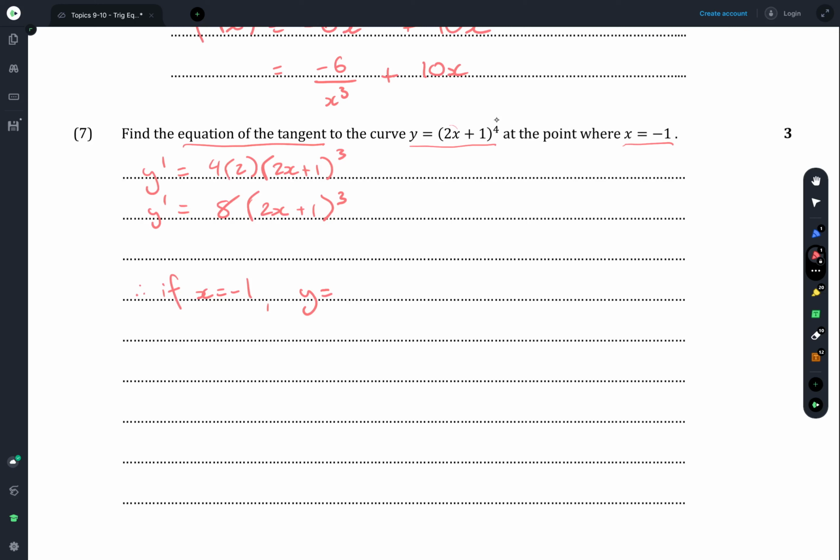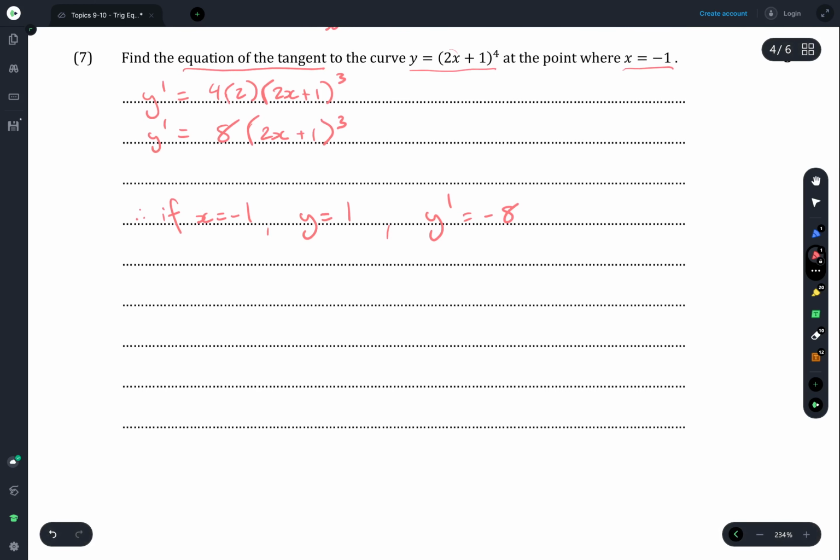And then negative 1 to the power of 4 is just 1. And then subbing it into y dash, we have 2 times negative 1 is negative 2. Negative 2 plus 1 is negative 1. Negative 1 to the power of 3 is negative 1. And then 8 times negative 1 is negative 8. So that's just a quick substitution, and you can go through that process yourself. But we get these values.